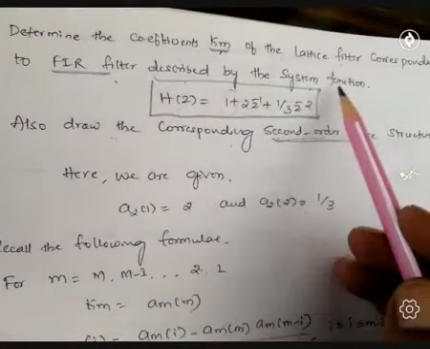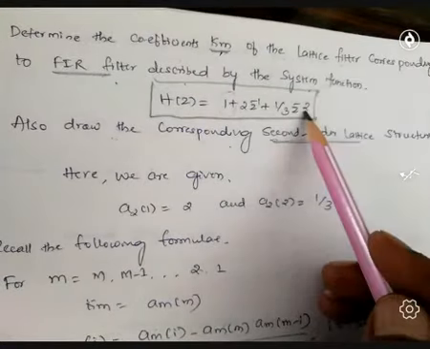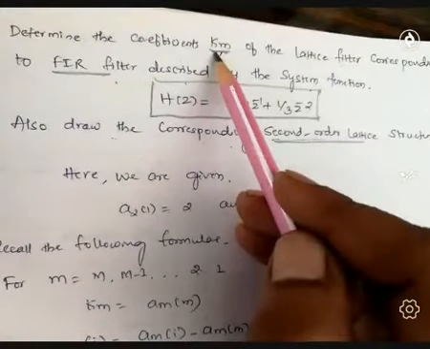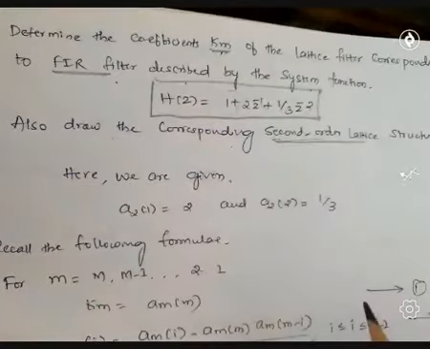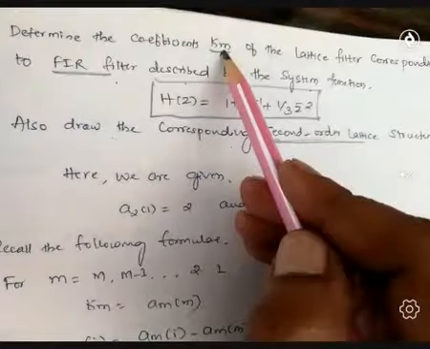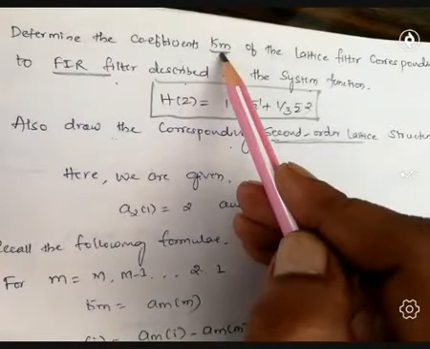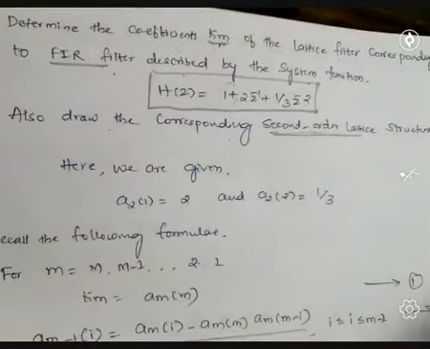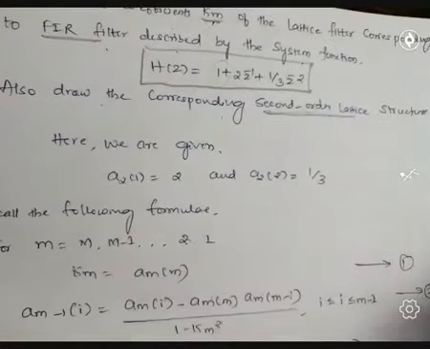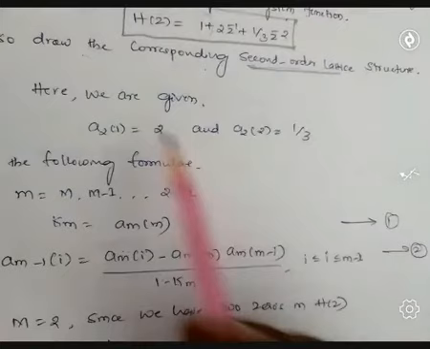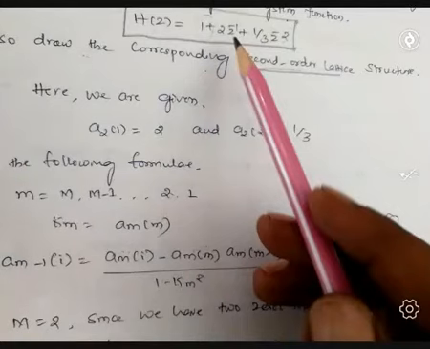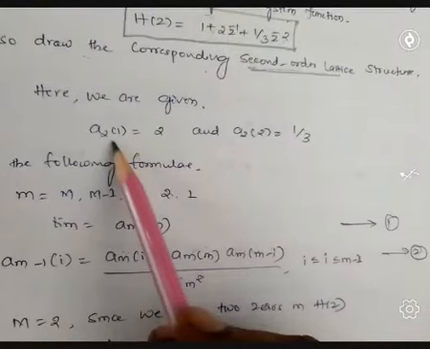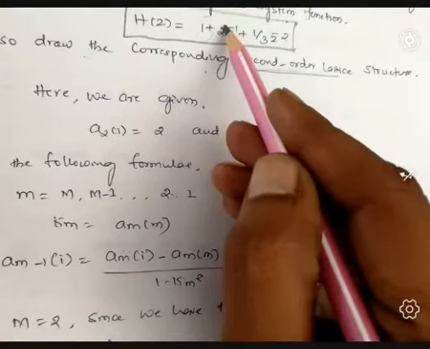It is a second order, so of course we are going to get two coefficients, k1 and k2. Second order means the order of the filter is 2. First, I am going to list the given data from the question. What is given? A2 of 1. So this coefficient term indicates what?